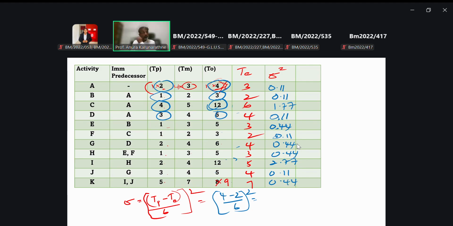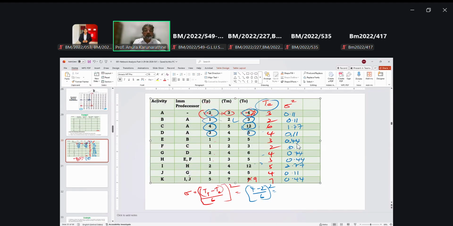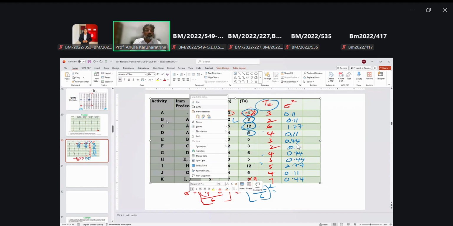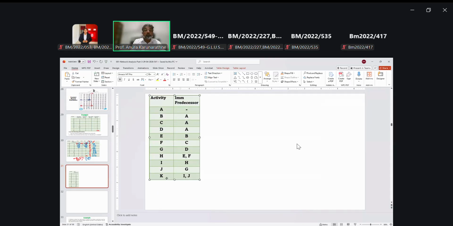Right. So after determining this expected time, you have to draw your network. So you can see this network.